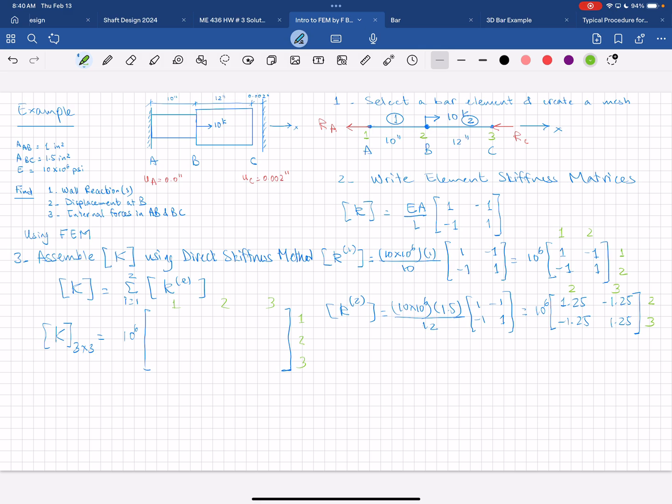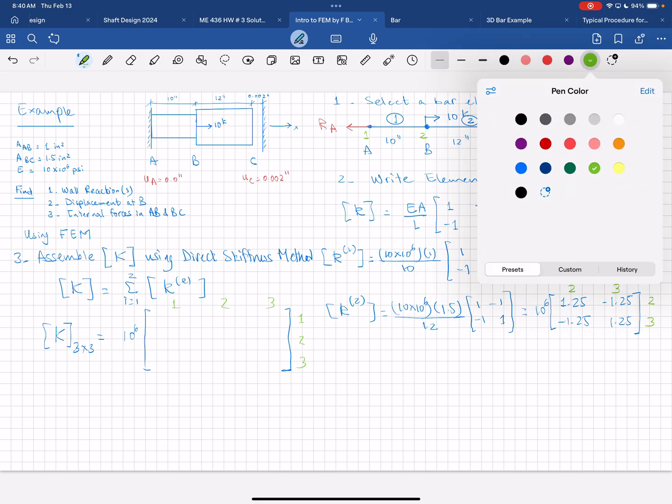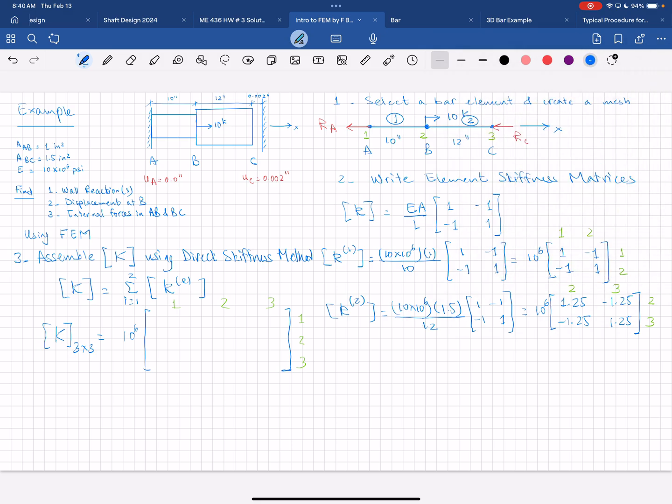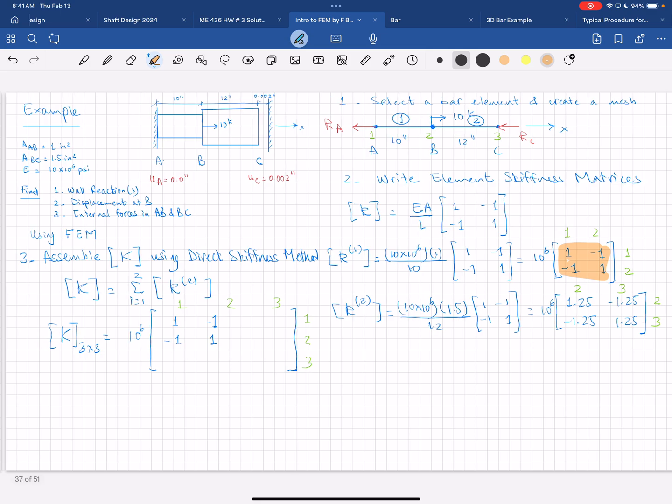And I'm going to start with element 1. So I'm going to have here a 1, here a minus 1, a minus 1 and a 1. So these entries are coming from here.